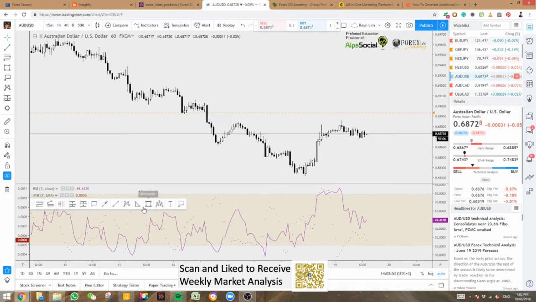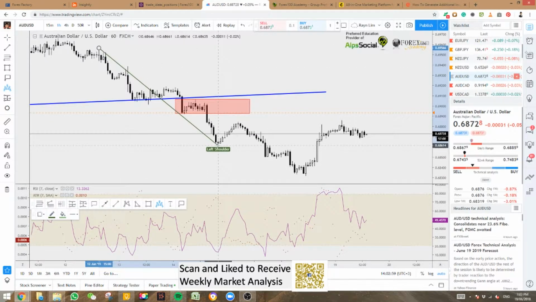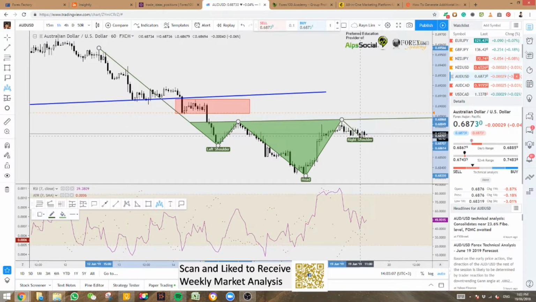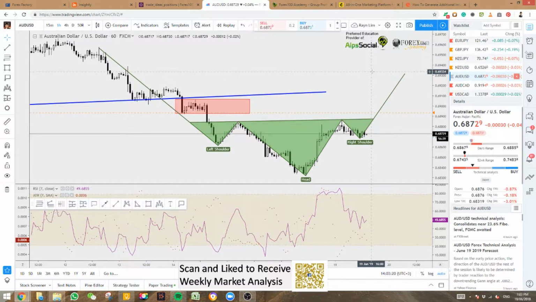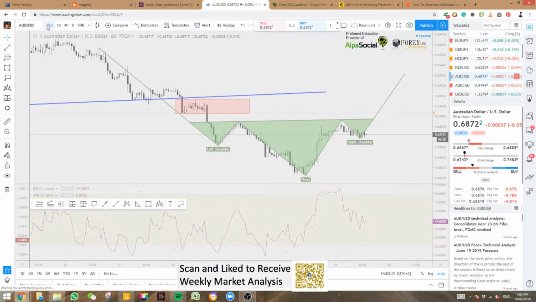Okay, so X to A to B, B, C. So used to talk about harmonic, yeah. All right, so over here, this is your left, right, and your shoulder over here. So right now we are at the right shoulder. If your rules allow you to go in aggressively, you can engage the trade. All right, so that is on the 1 hour.